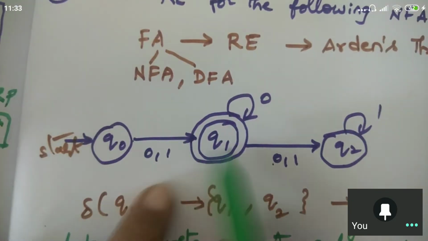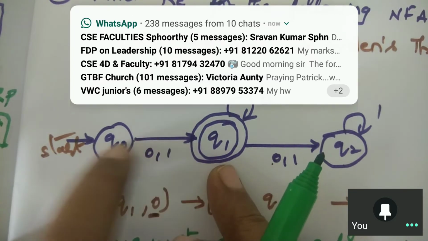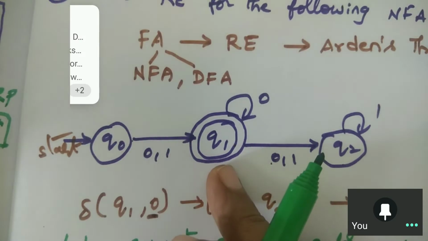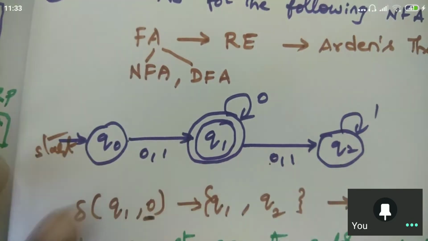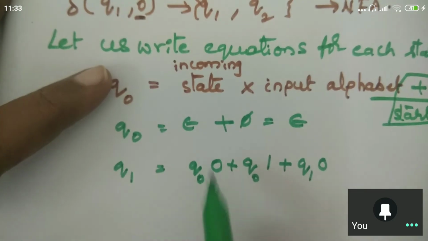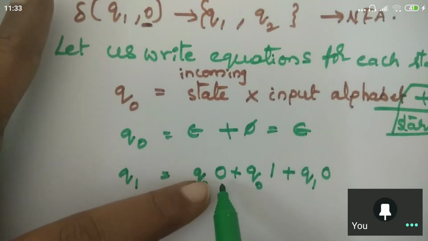If you observe Q1, listen carefully, Q1 has an incoming arc from Q naught. One incoming arc I have with input label 0 as well as with input label 1, right? So I am expressing this as incoming state. Incoming state is Q naught, and input alphabet is 0.